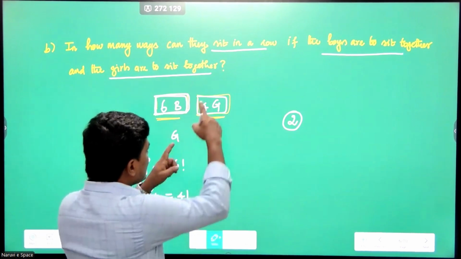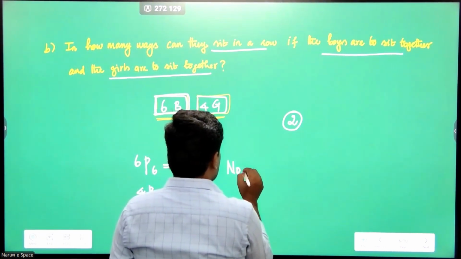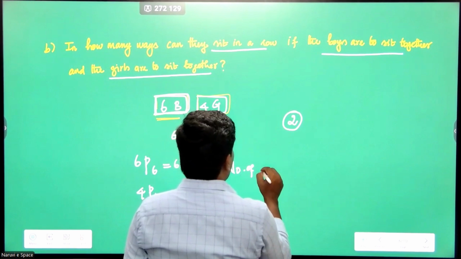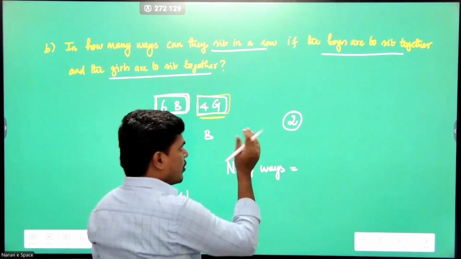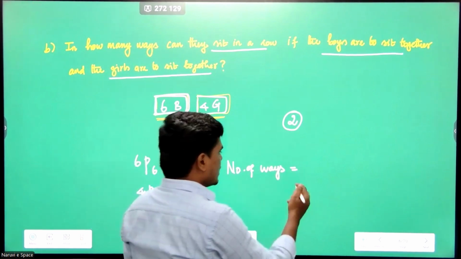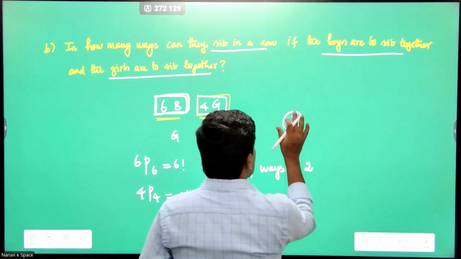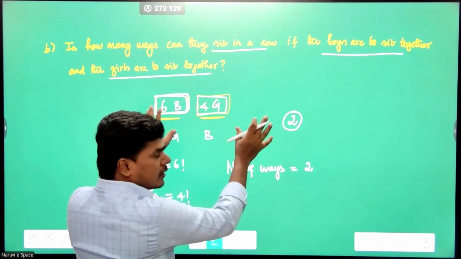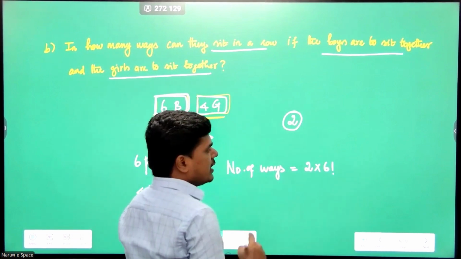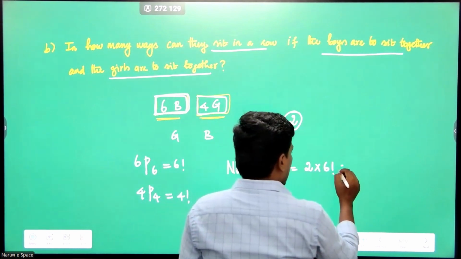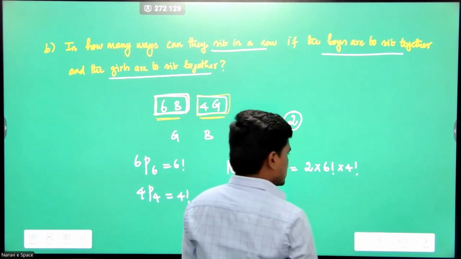So the number of ways we can make them sit, where boys sit together and girls sit together, is 2, for the 2 separate entities, times boys in 6 factorial ways, girls in 4 factorial ways.